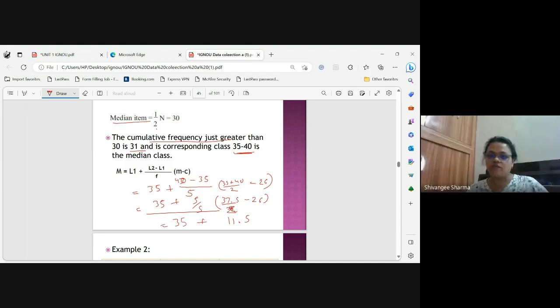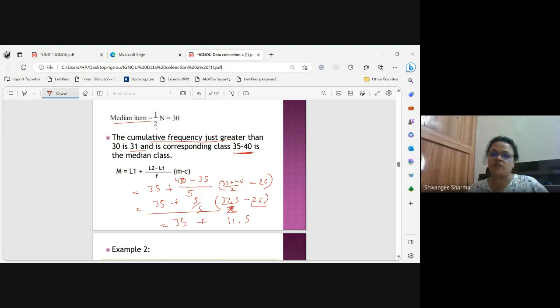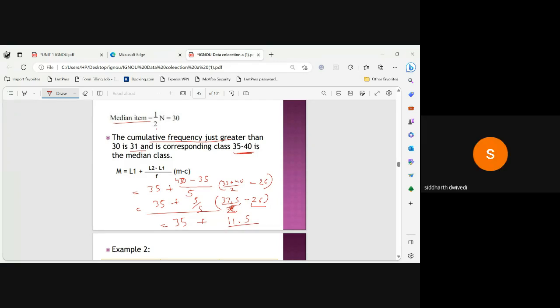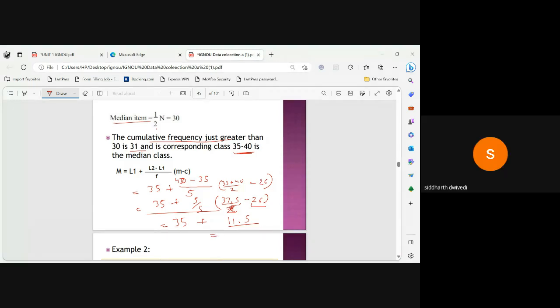If we deduct 26 from 37.5, we will be getting 11.5, right? So 35 plus 11.5 will be the answer: 46.5.